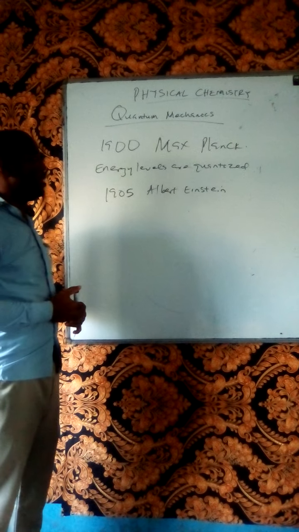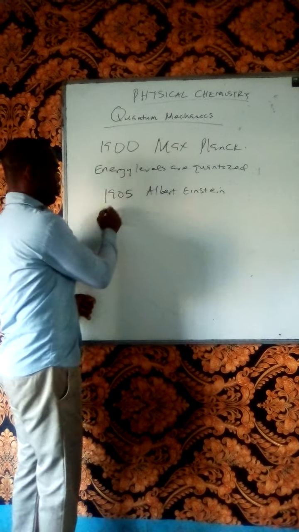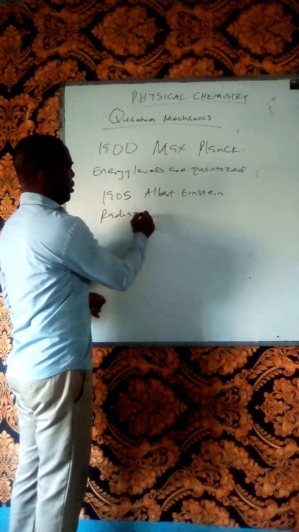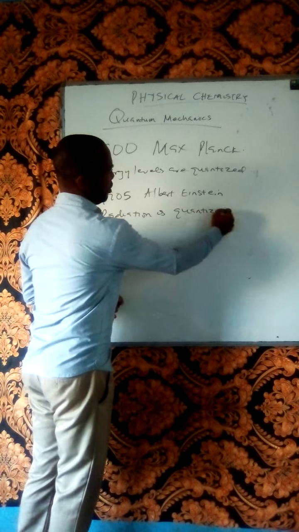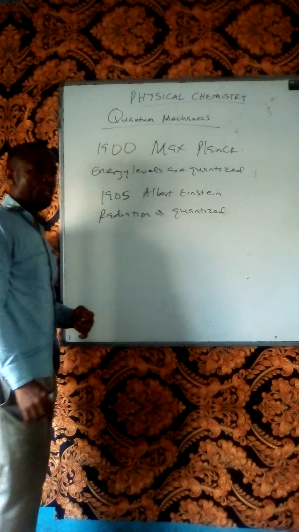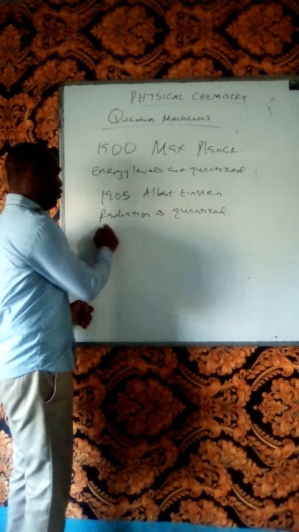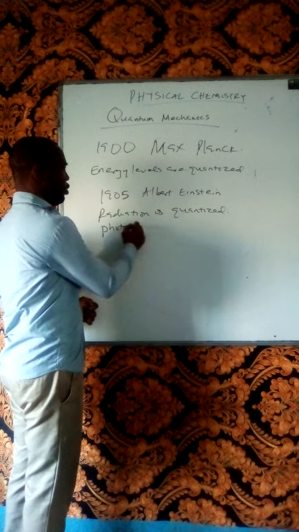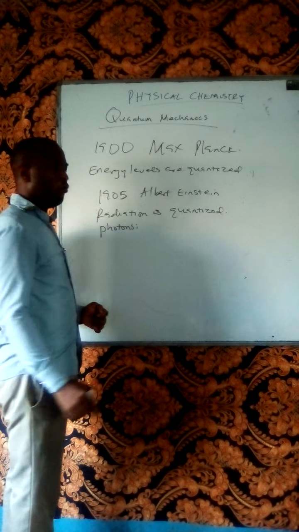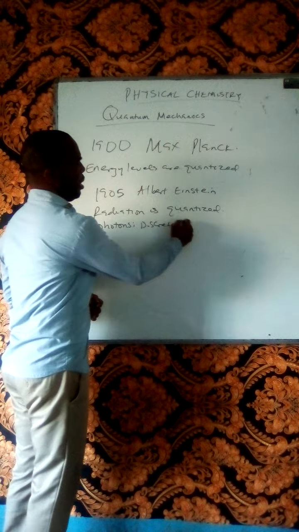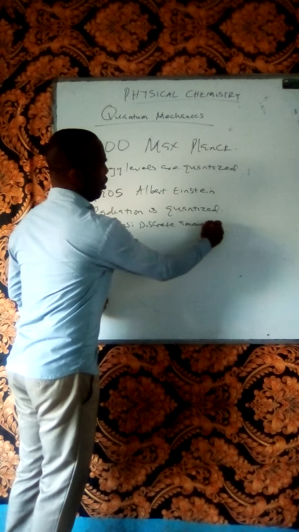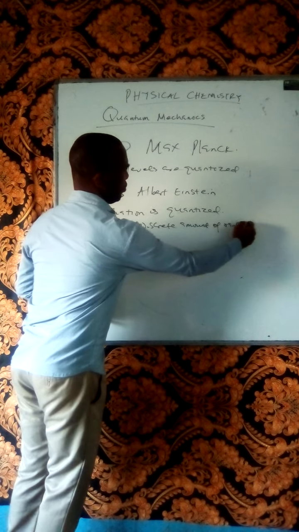He said that apart from energy, radiation is also quantized. Einstein introduced the word photons in physical science. Photons mean discrete amount of radiation.